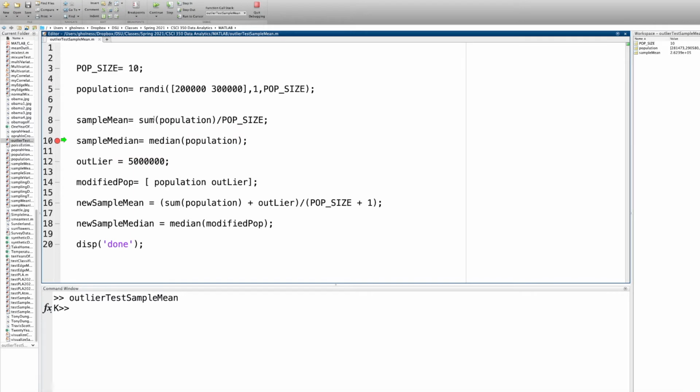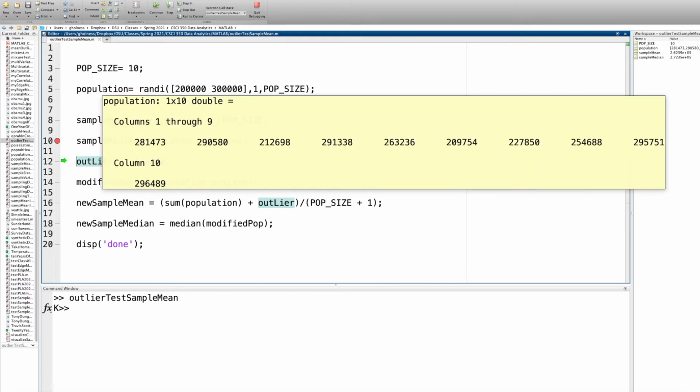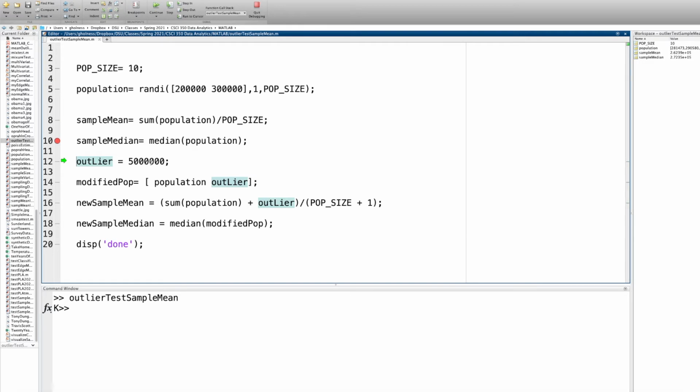But now what we're going to do is include an outlier. Let's step through that, and we're going to compute the median. We haven't gotten to that yet, but we compute it nonetheless, and we'll talk about that in a few slides. So let's add an outlier to this population, and this outlier is going to be a house whose price is $5 million.